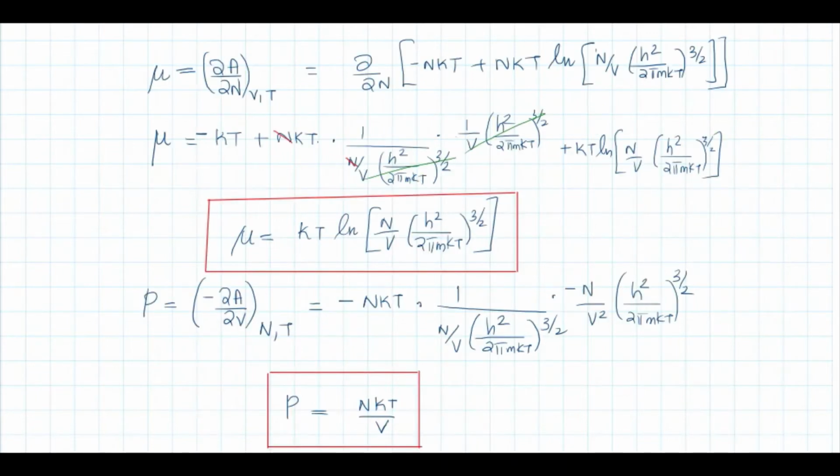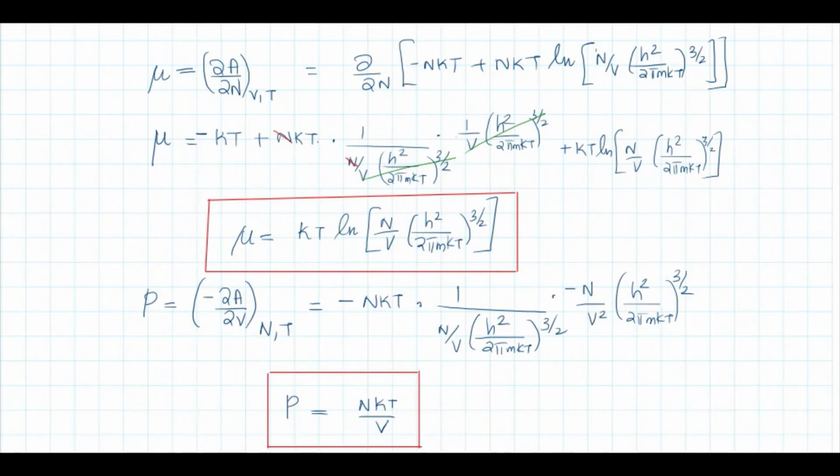Okay. Now we will calculate pressure. It is the negative derivative of A with respect to V, keeping n and T constant. So take the derivative of this quantity with respect to V. The first term will give you 0. In the second term there is only one v. So nkT into 1 divided by (n by v h square by 2 pi m kT raised to 3 by 2), into the derivative of this term, which is minus n by v square.